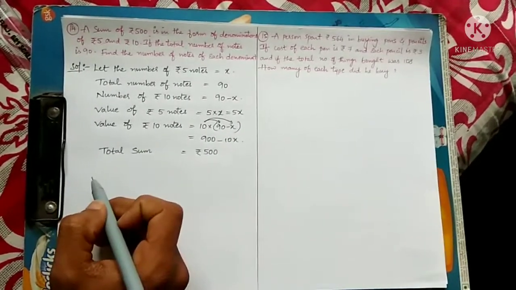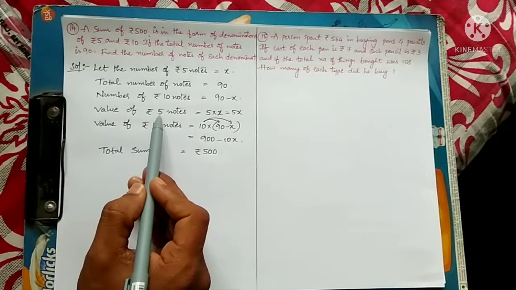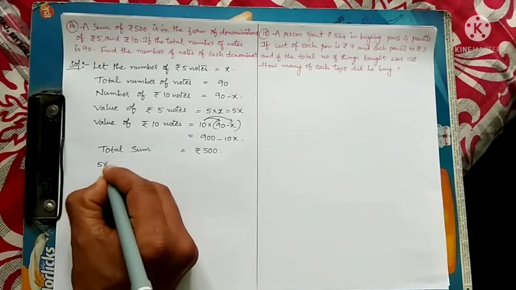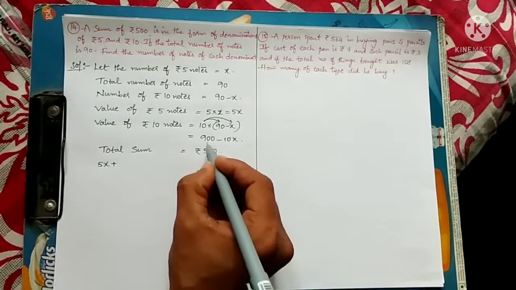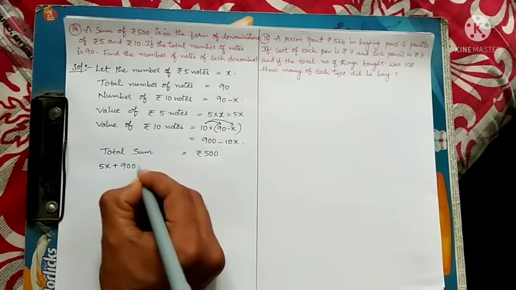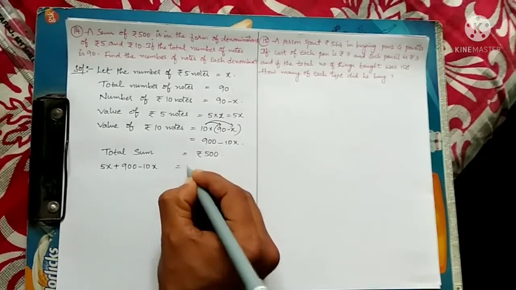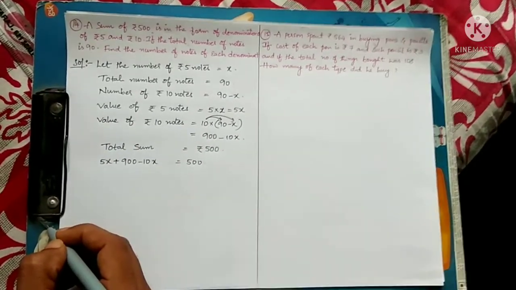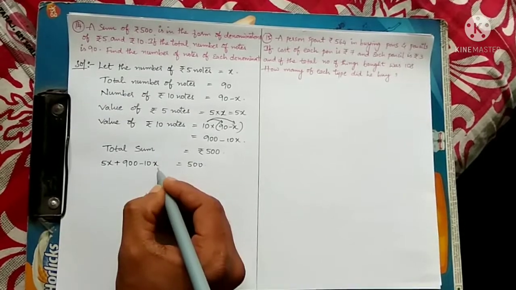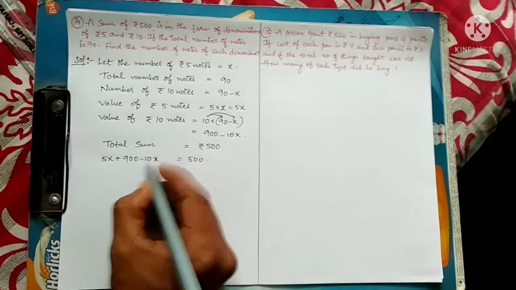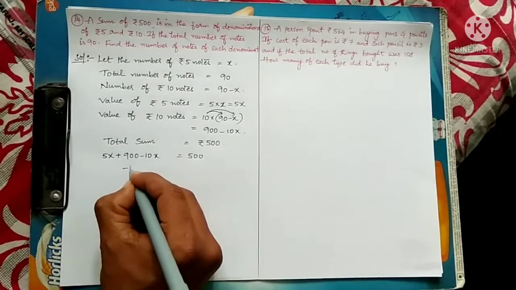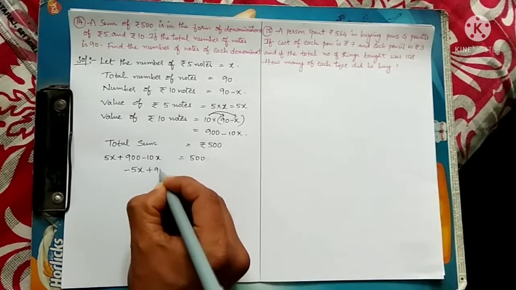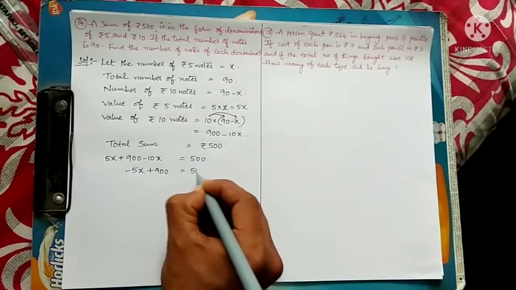Total is nothing but addition, so we add the value of 5 rupees notes and the value of 10 rupees notes. 5x plus 900 minus 10x is equal to the total sum of money, 500. 5x minus 10x is minus 5x, and I write plus 900 as it is, which is equal to 500.